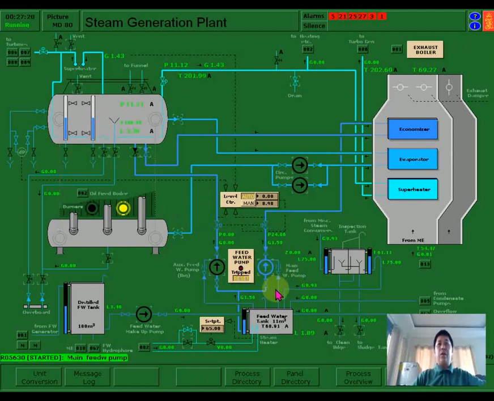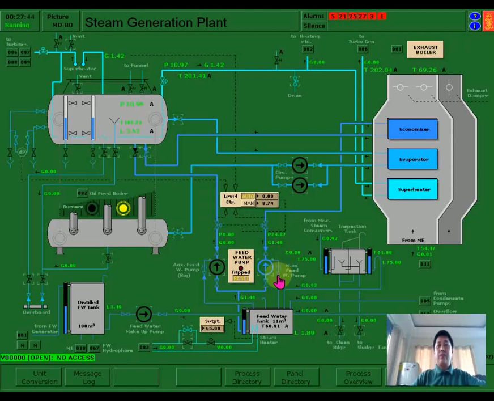But in my experience, on many of the boilers, when the water level of the boiler water drum is normal, the feed pump will automatically stop. But in here, no, this is different.